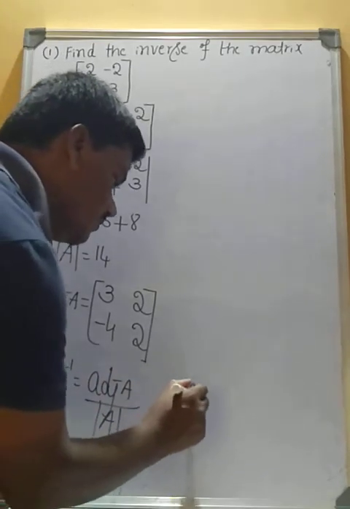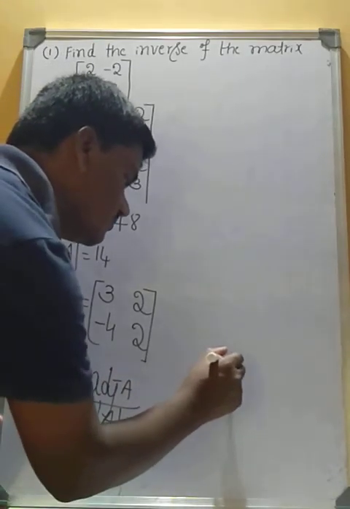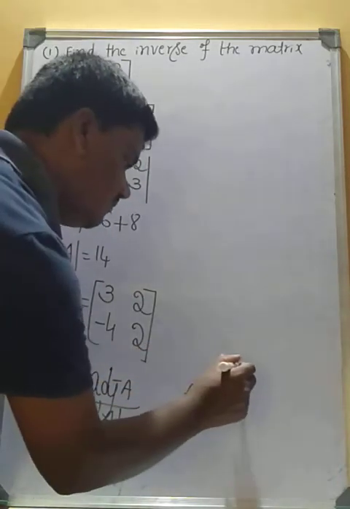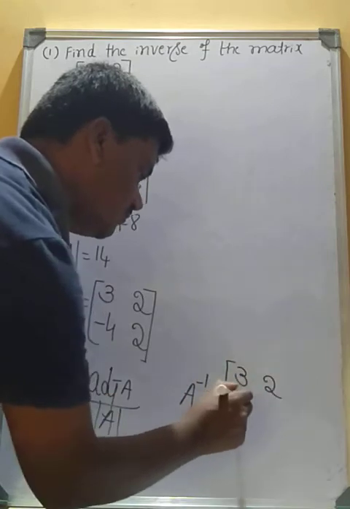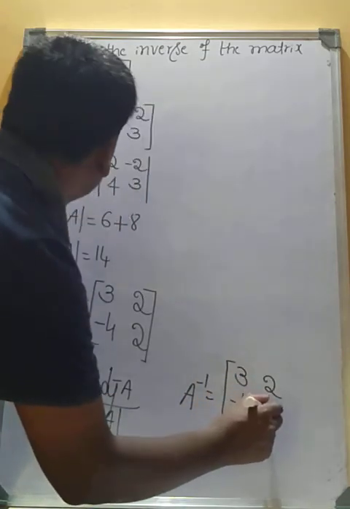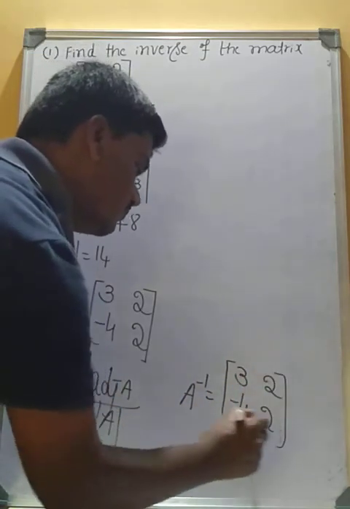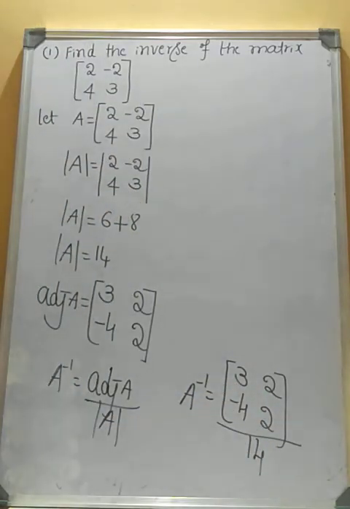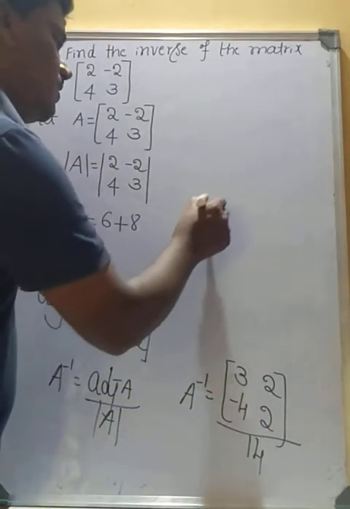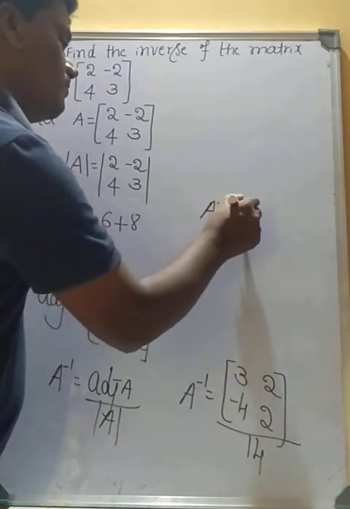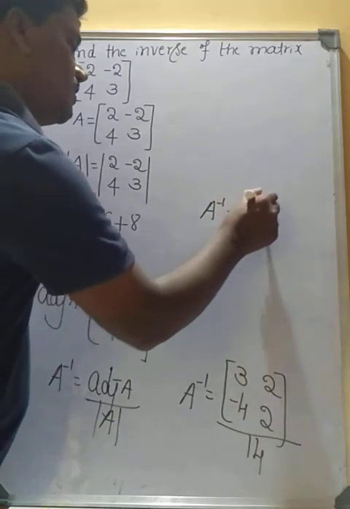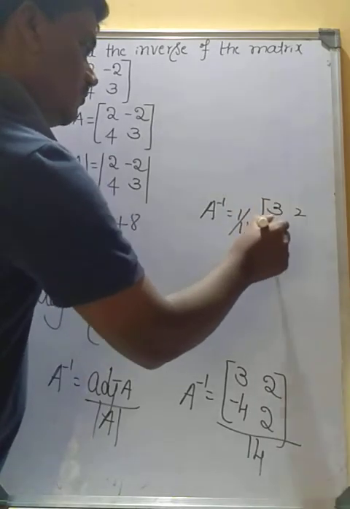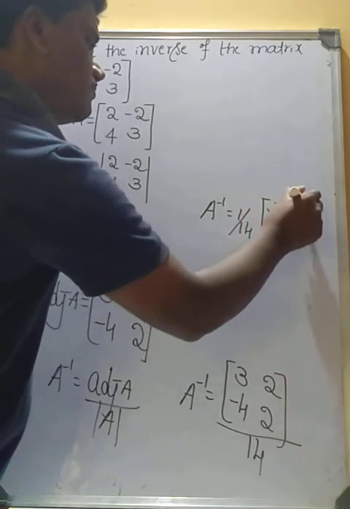Therefore A inverse is equal to adjoint A, which is 3, 2, minus 4, 2, divided by 14. Or we can write A inverse is equal to 1 by 14 into 3, 2, minus 4, 2.